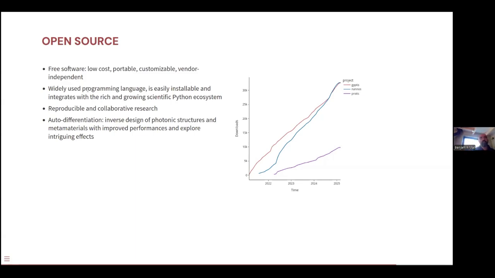Now there are a lot of libraries, as I told you, that have exploded with the advent of machine learning, but we can use them to do photonics and optimization in order to explore cool designs and materials, metamaterials, or metasurfaces with improved performances.